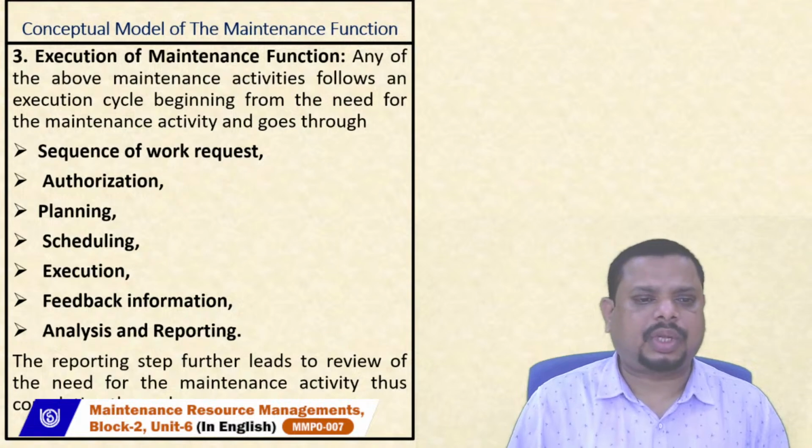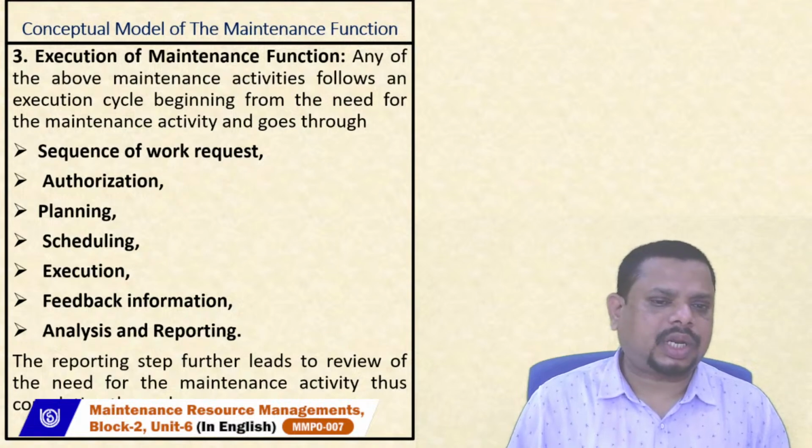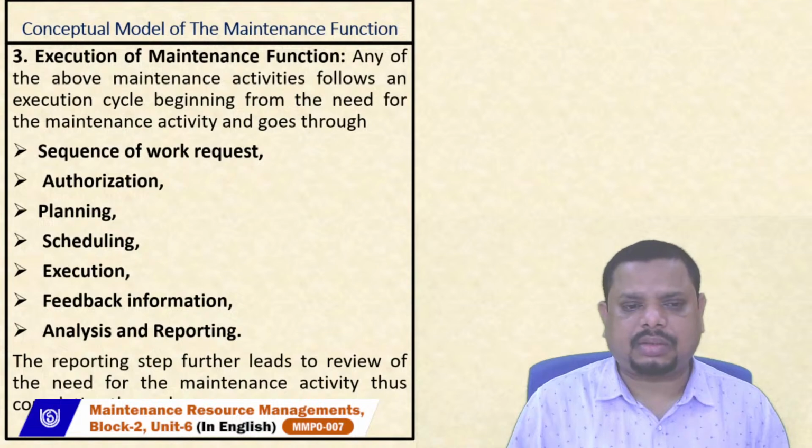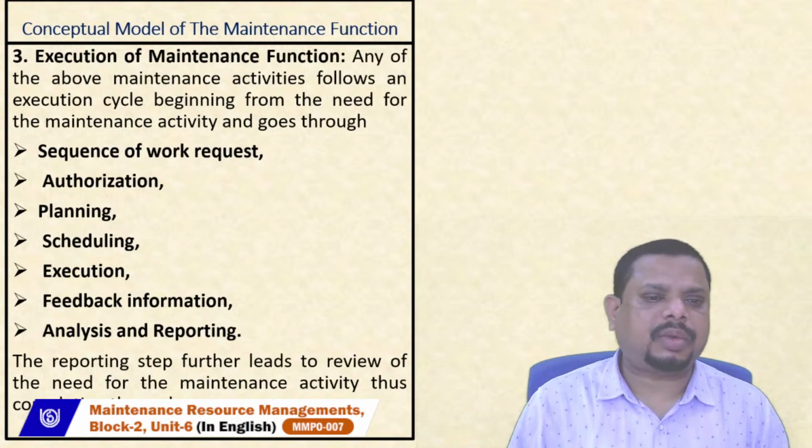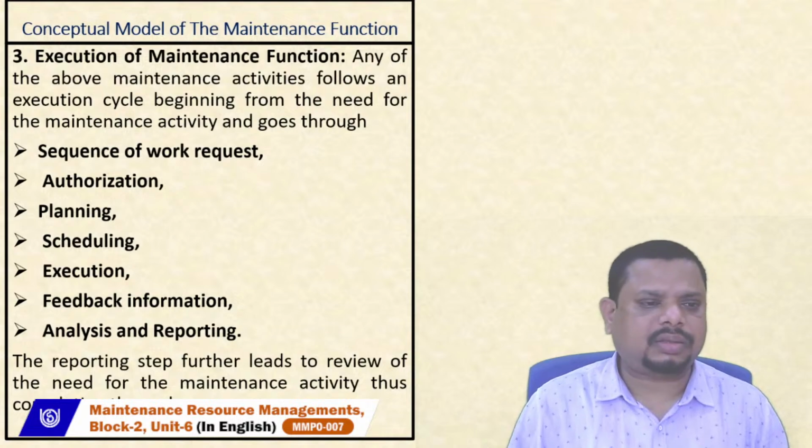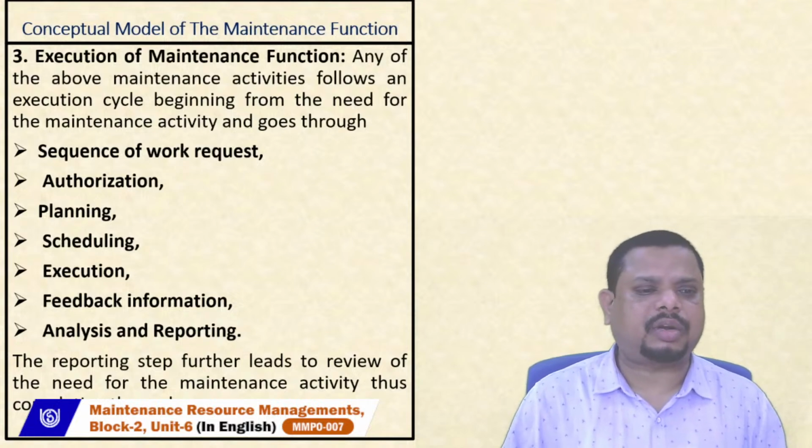Suppose in our organization there are a number of departments, and the production department requires a breakdown maintenance. They will directly send the work request to the maintenance department.